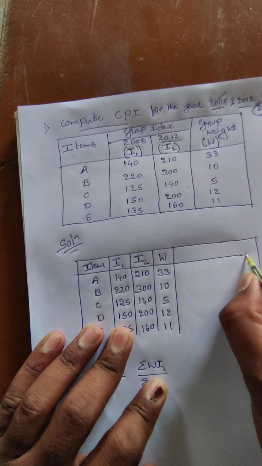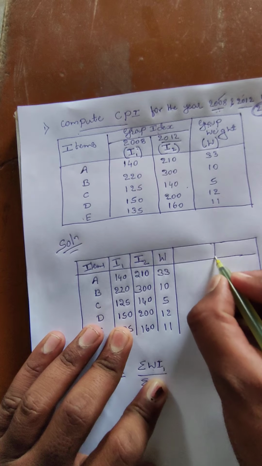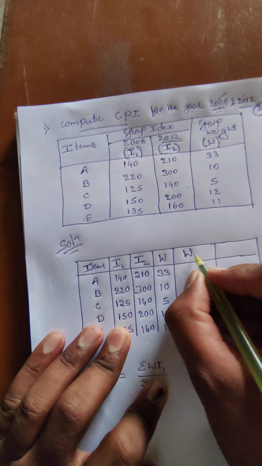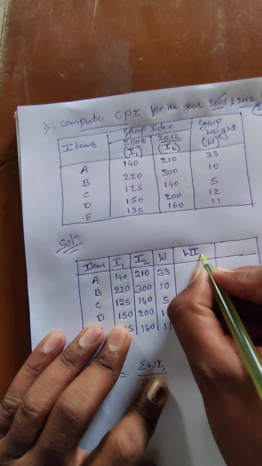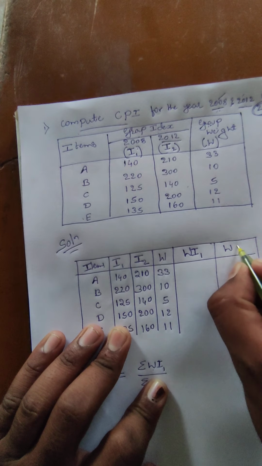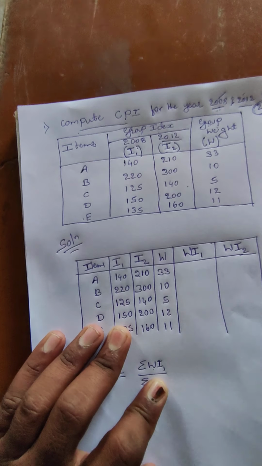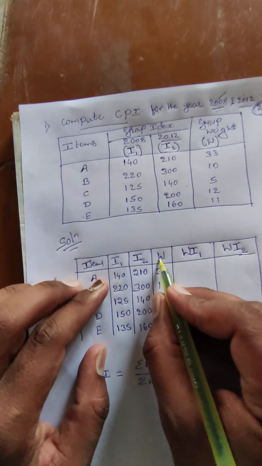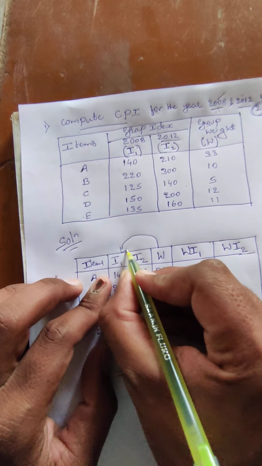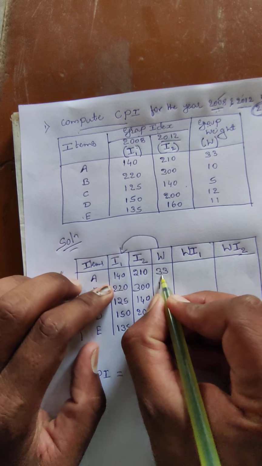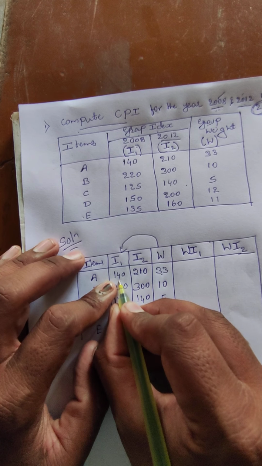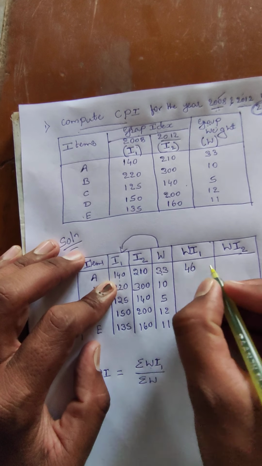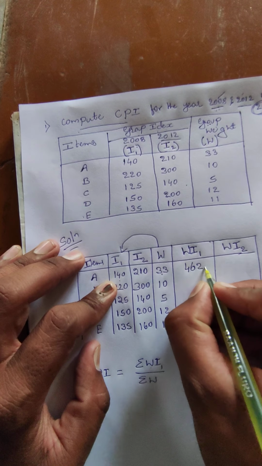We have to identify that information in a table. First we require WI1. Next we require WI2. First we find W into I1. 33 into 140, we get 4620.